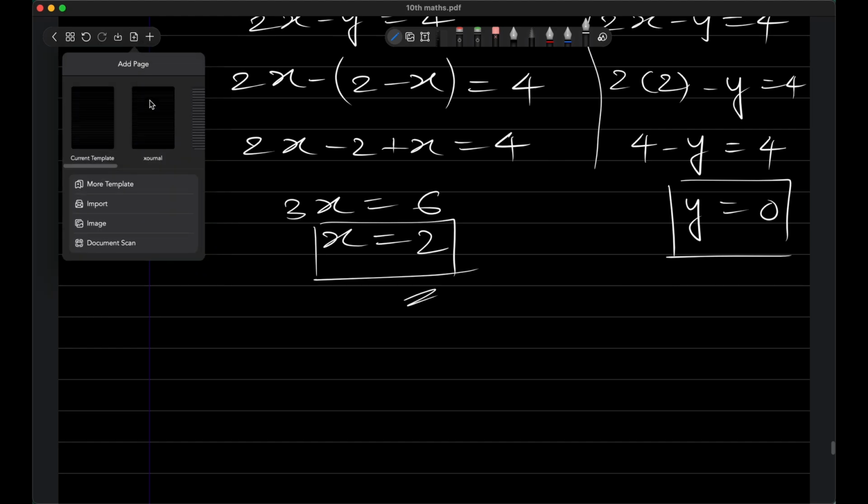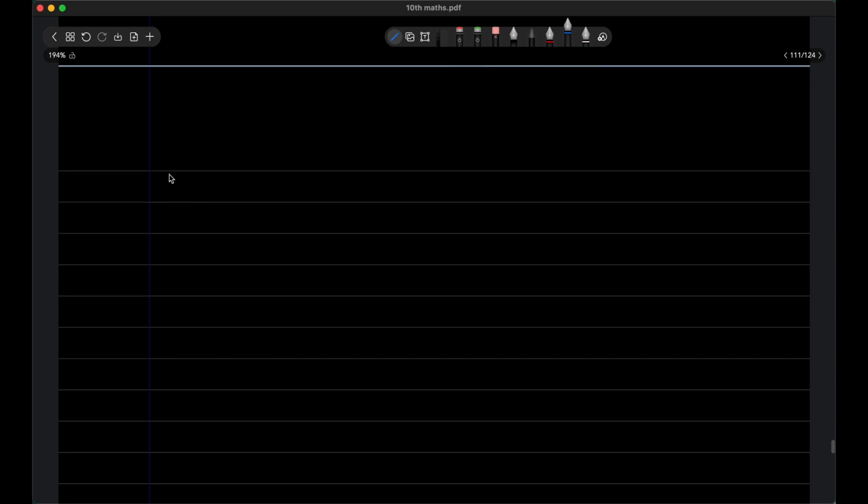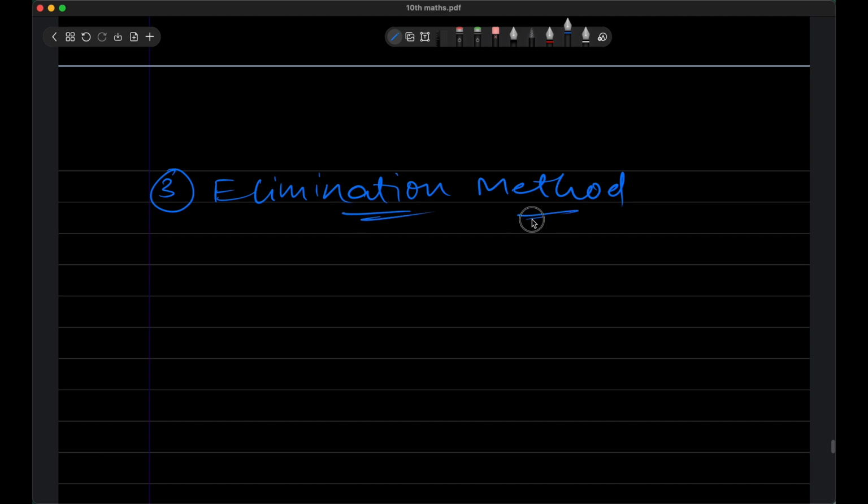Now using the elimination method, the equations are x plus y equals 2 and 2x minus y equals 4.